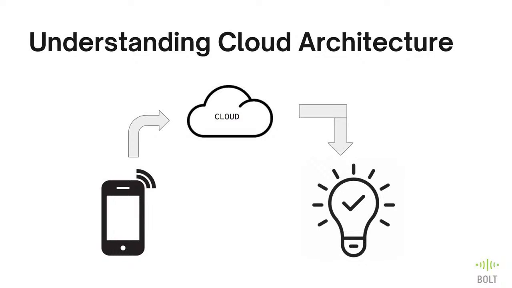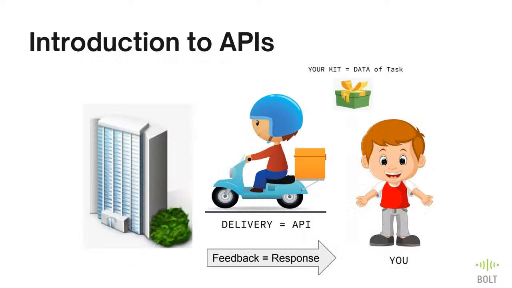As soon as this button is clicked, it goes to the cloud service. The cloud service will find that device, find that product, and perform the task. That means it will turn on the bulb. I think that is clear to everyone. This is the basic cloud architecture that happens in almost every cloud service. So moving ahead, coming to APIs.